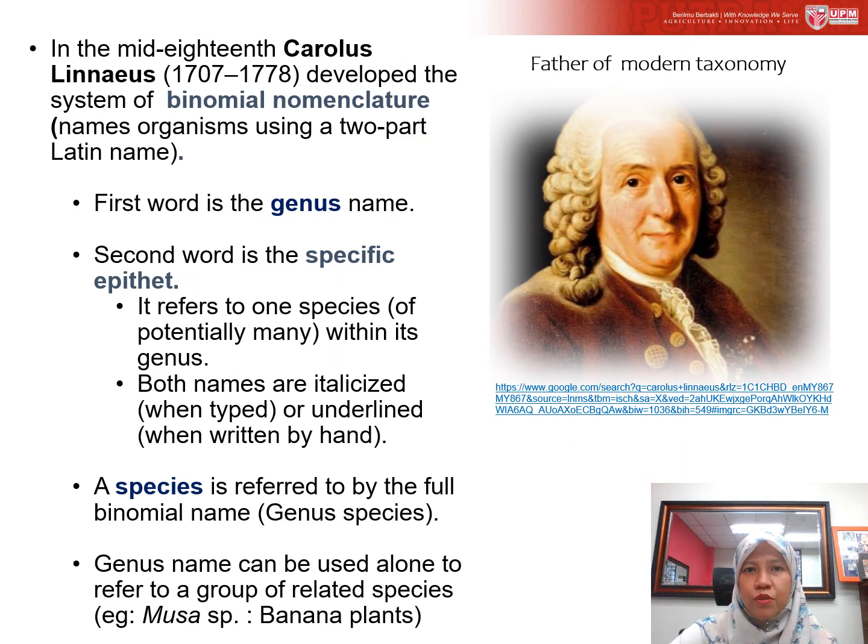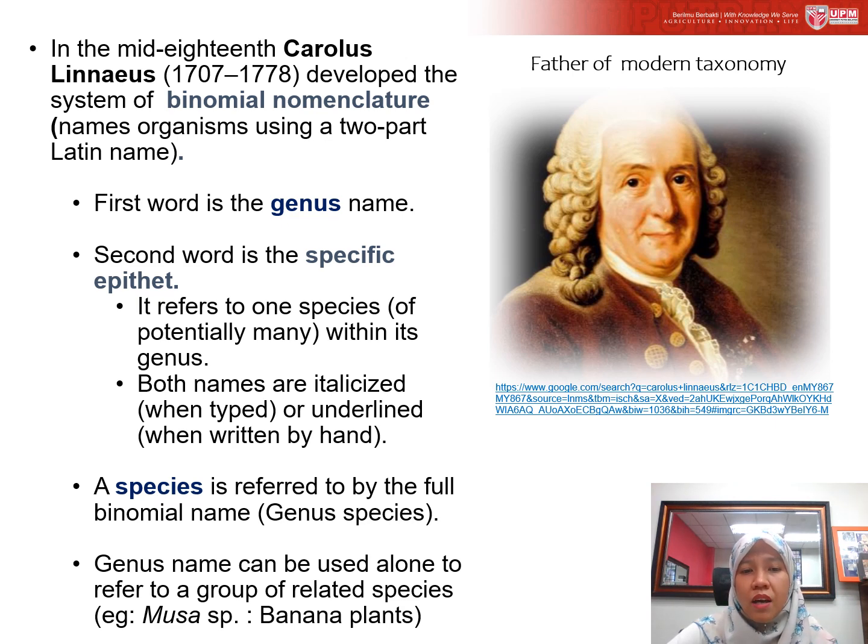This is a photo of Carolus Linnaeus, who developed the system of binomial nomenclature, which names organisms using a 2-part Latin name. He is the father of modern taxonomy. In binomial nomenclature, the first word is the genus name, and the second word is the specific epithet, which refers to one species within its genus.